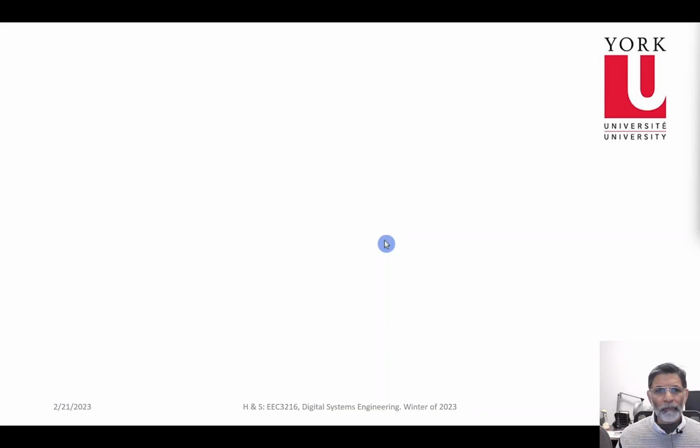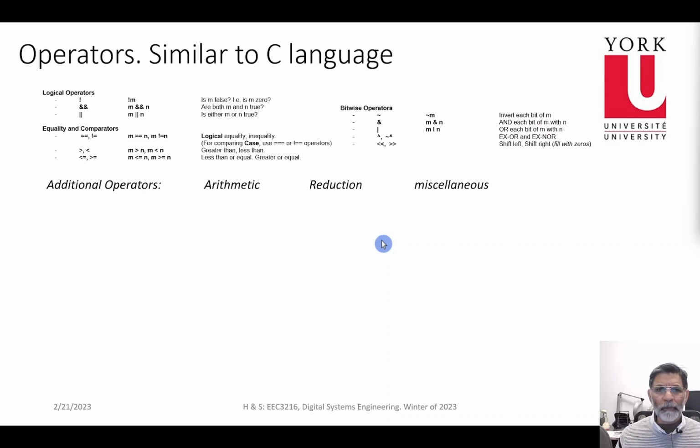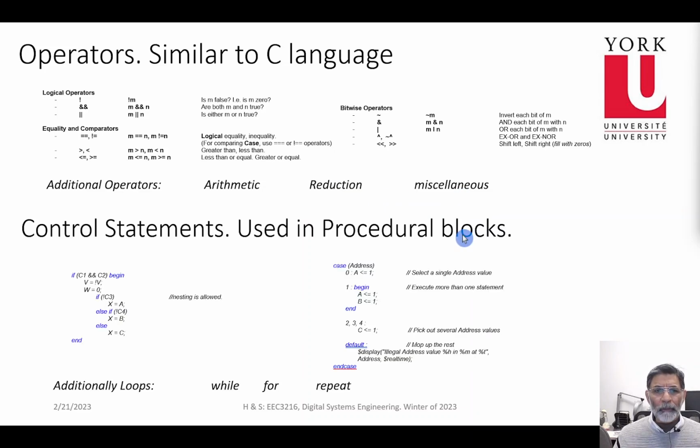Okay, so next, operators. They are very similar to those in the C language. We have logical operators, equality and comparator operators, bitwise operators, and of course arithmetic and reduction operators, and some miscellaneous operators. Control statements: Verilog also has control statements like most other programming languages.